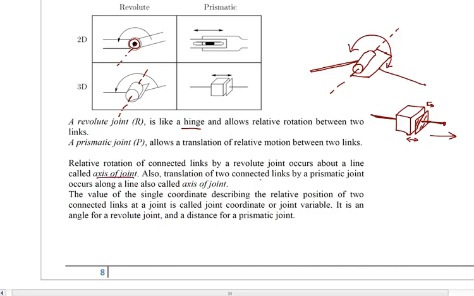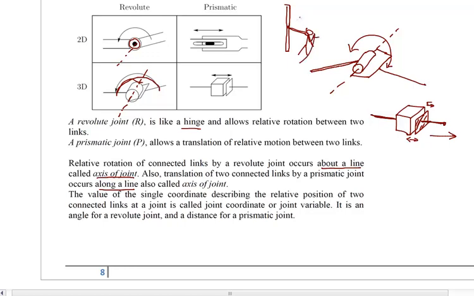Also, the translation of two connected links by a prismatic joint occurs along a line. So the important words to look at are about a line for the revolute joint, and along a line for the prismatic joint. What is the difference? About a line means you have an axis like this and the movement is about it. Imagine there is a pole and a small boy catching the pole with one hand, and he is moving around in circles.